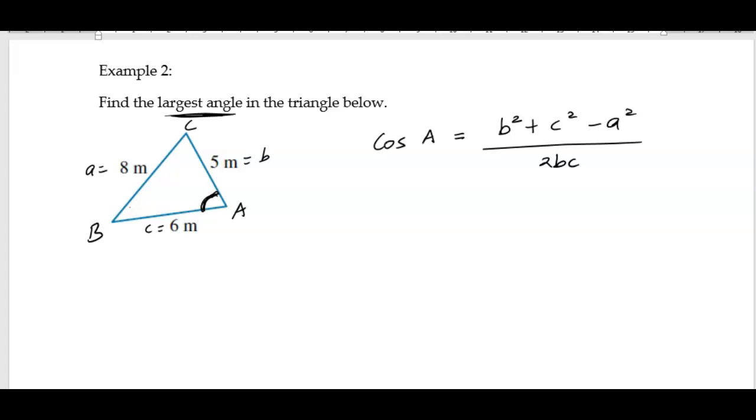So I'm going to substitute the values: cos A equals 5 squared plus 6 squared minus 8 squared divided by 2 times 5 times 6.